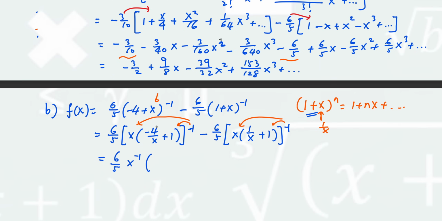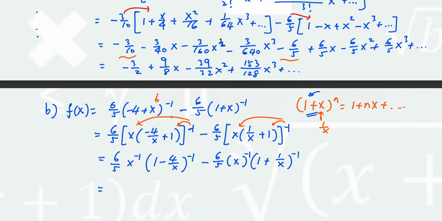Then instead of writing minus 4 over x plus 1, degree minus 1, now I need to arrange so that the first term is 1. So I will rearrange it. So minus 4 over x, I will just write 1 minus 4 over x, it is the same. Minus 6 over 5, the x power negative 1. Then after that, 1 plus 1 over x power negative 1.